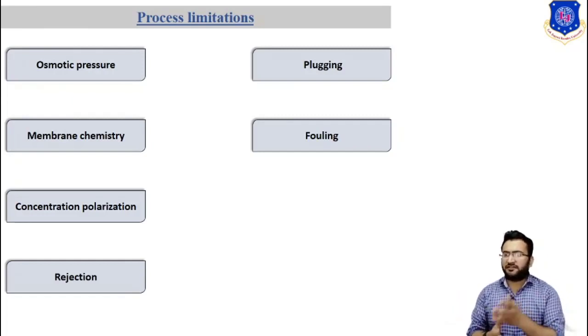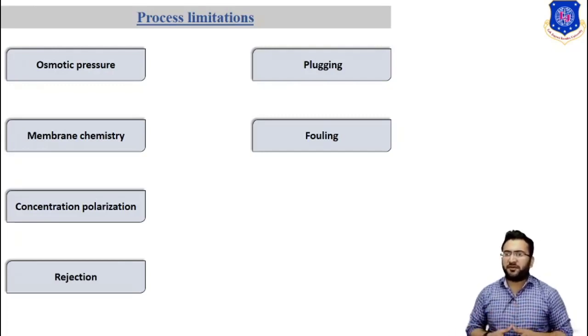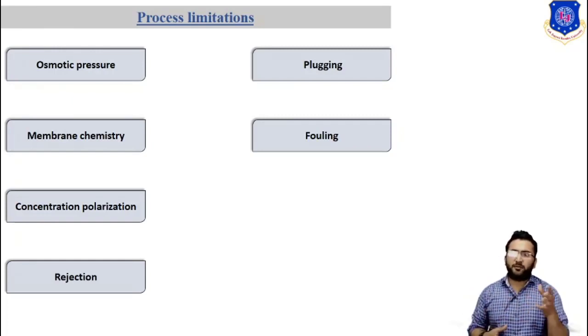Now let's discuss the fourth important limitation, which is rejection. The highest rejection membranes are those designed for the single-pass production of potable water from the sea. The generally acceptable criterion is 99.4% rejection of NaCl.